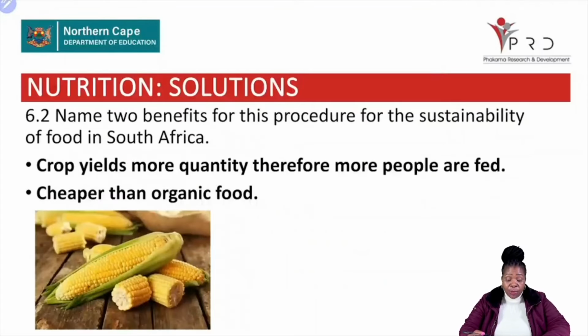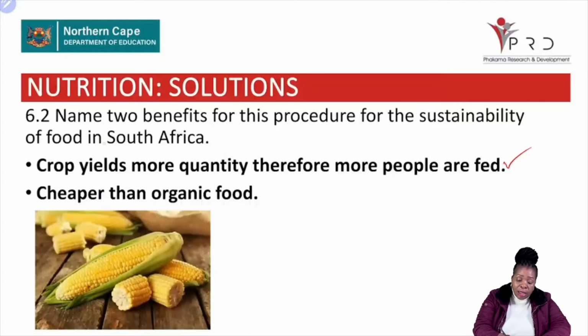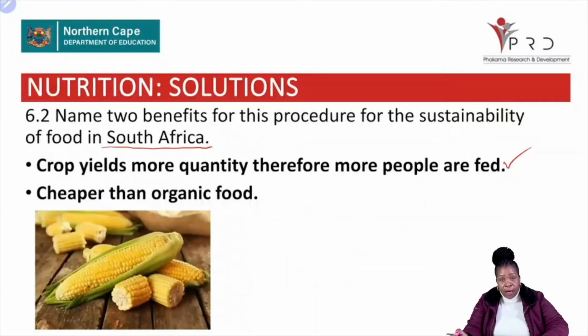Right. And then 6.2 reads, name 2 benefits for this procedure for the sustainability of food in South Africa. So basically, genetically modified foods actually yield more quantity. Therefore, more people are fed in the country. So that's how it benefits South Africa.